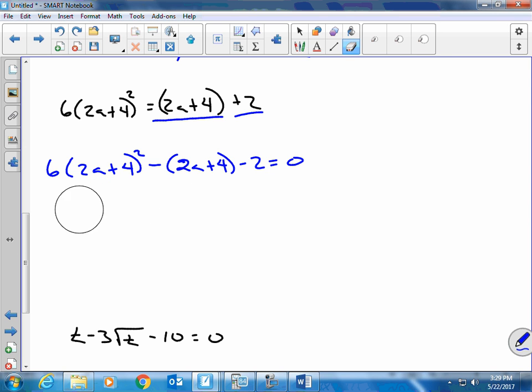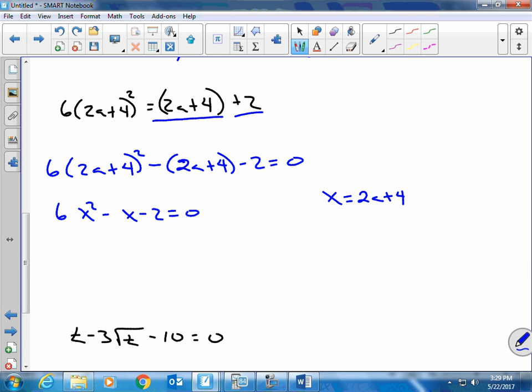And what we could do is just jump over here and say x equals 2a plus 4. So where I see 2a plus 4, I'm going to plug in x. Don't really need the parentheses anymore. So I have 6x squared minus x minus 2 equals 0. And go right back to your same techniques. I'm going to try factoring that. Factors of 6, 3 and 2.